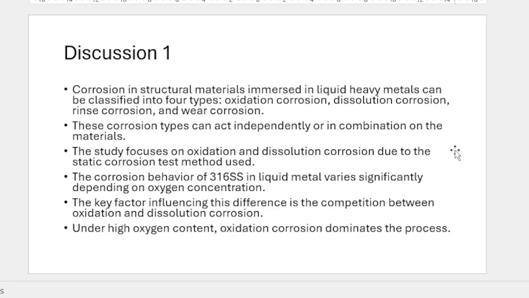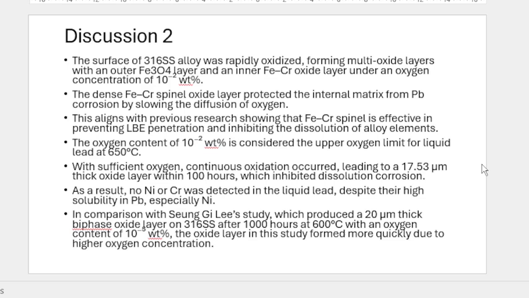This study focuses on oxidation and dissolution corrosion due to the static corrosion test method used. The corrosion behavior of 316 stainless steel in liquid metal varies significantly depending on the oxygen concentration. The key factor influencing this difference is the competition between oxidation and dissolution corrosion. Under high oxygen content, oxidation corrosion dominates the process.